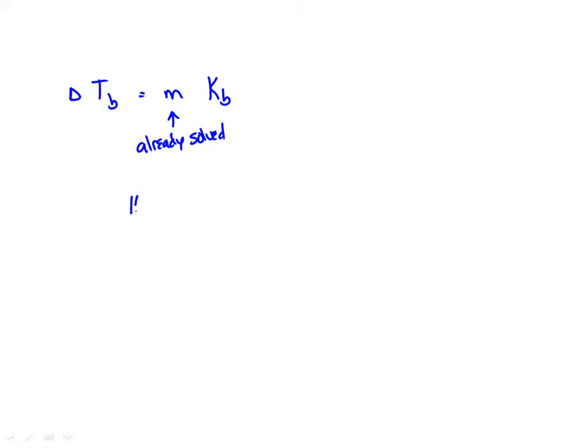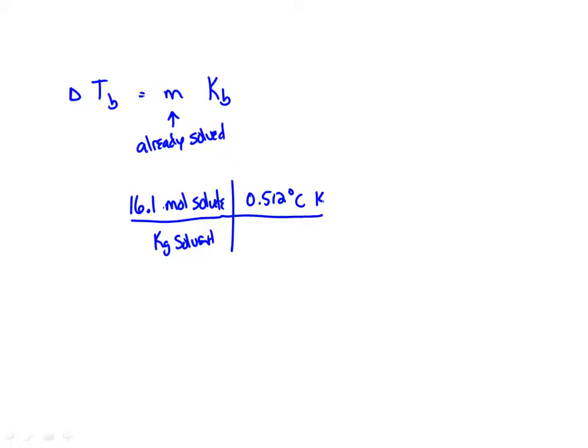We know that was 16.1, moles of solute all over kilograms of solvent. And now we multiply that by 0.512 degrees Celsius per kilogram of solvent per mole of solute.